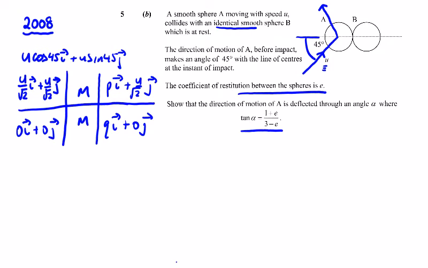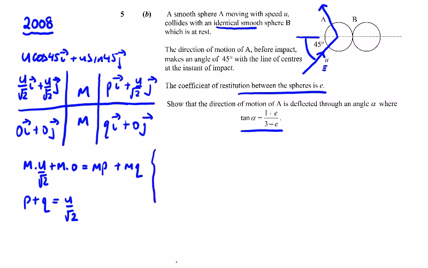So we're going to have conservation of momentum: m times u over root 2 plus m times 0, if you want to put it in, is equal to mp plus mq. So p plus q is equal to u over root 2. We're also going to have p minus q over u over root 2 minus 0 is equal to minus e.